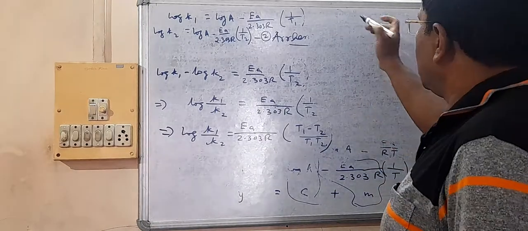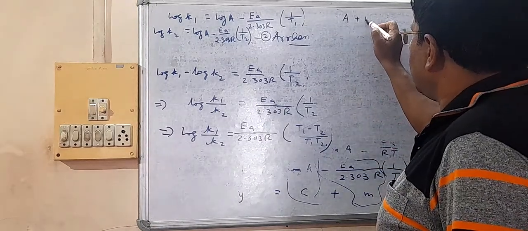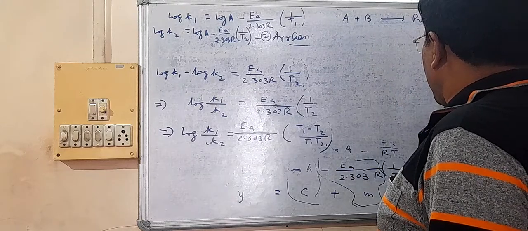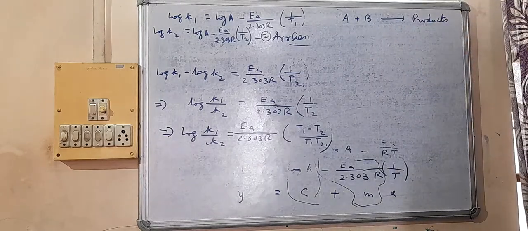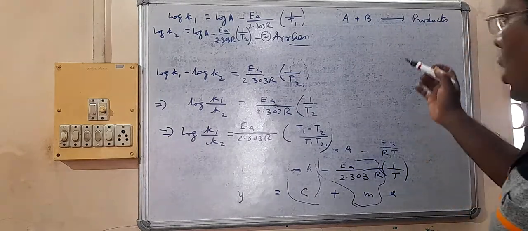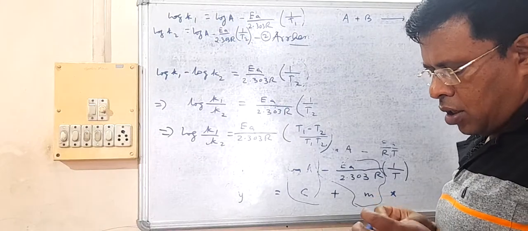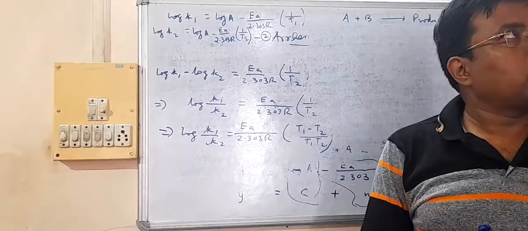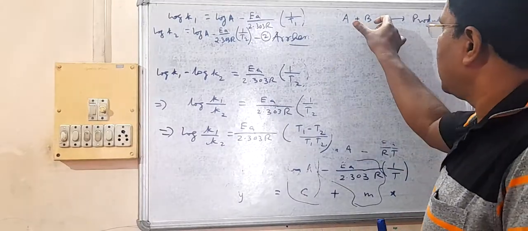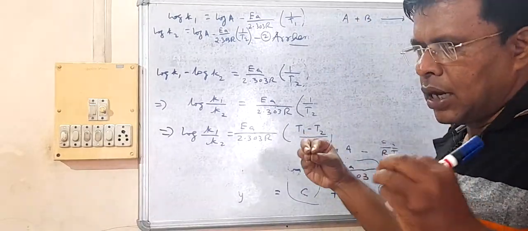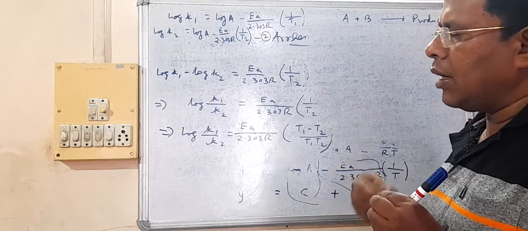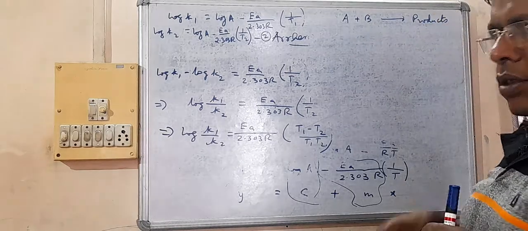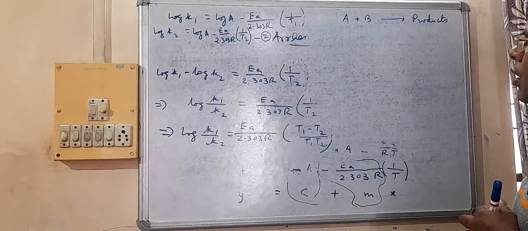Suppose we are considering this reaction A plus B gives products. According to the collision theory of chemical reaction, the reactant molecules collide with one another, and that results in reactants changing into products. That results in chemical reaction.